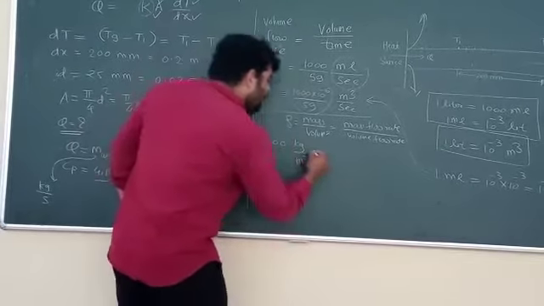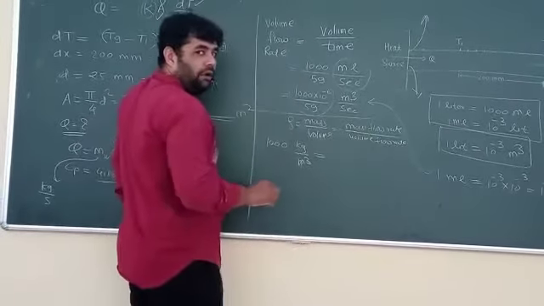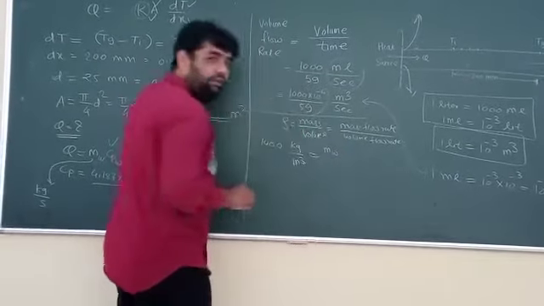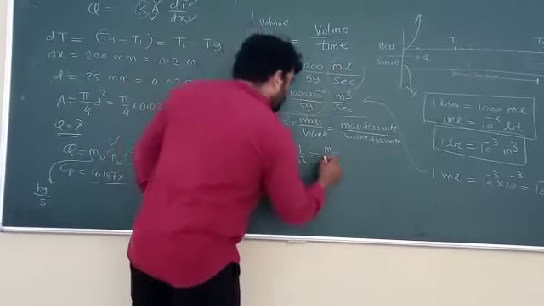All of you know. Now, what is the mass flow rate of the water? Mass flow rate of the water is m dot w, that we want. And what is the volume flow rate of the water?